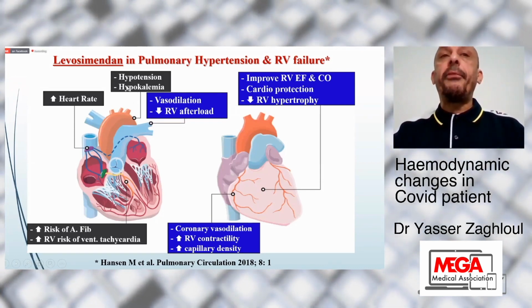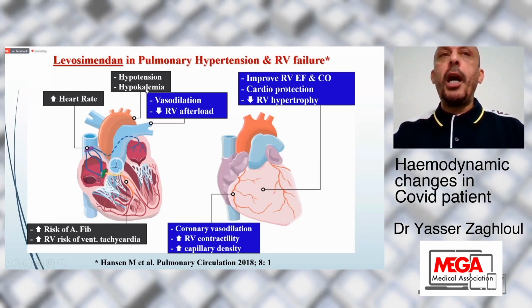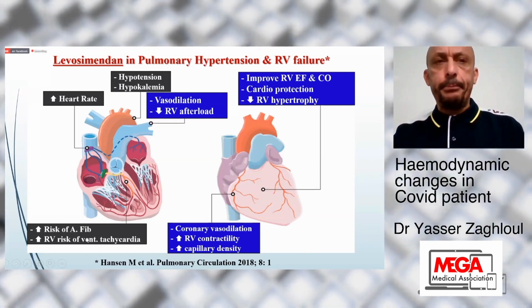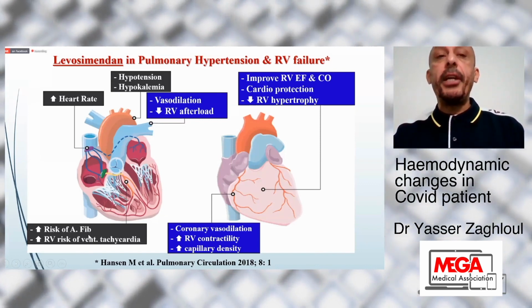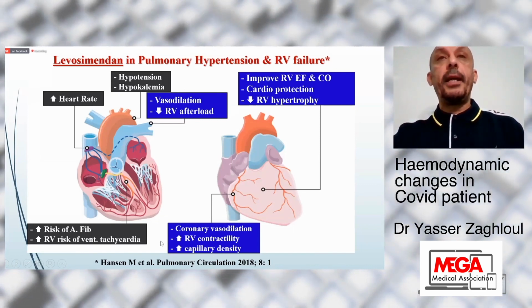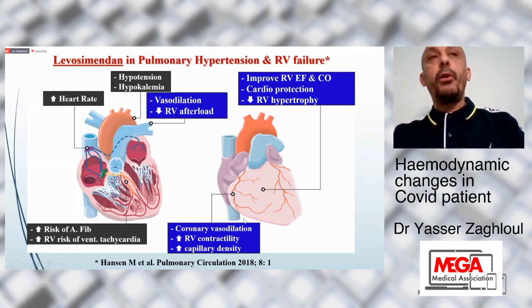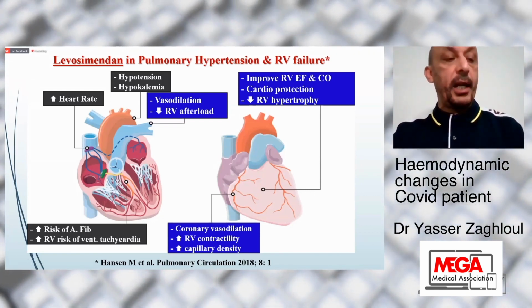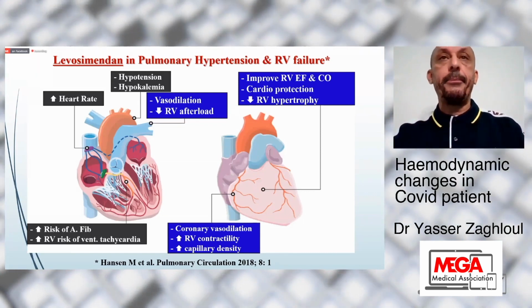But it has many side effects: hypotension, hypokalemia, tachycardia, and increased risk of arrhythmia, either atrial fibrillation or ventricular tachycardia. Anyway, there is a good place for levosimendan in patients with pulmonary hypertension and right ventricular failure.